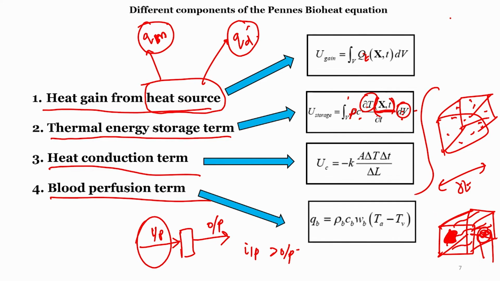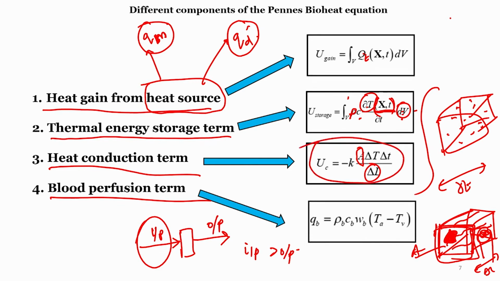So, that depends, and the time it takes, or the total energy required to elevate a particular quantity of tissue to a particular temperature, would depend on the dimensions of the tissue, right, A and delta L. This would be A, and this width of the tissue will be delta L. So, A delta T by delta L into delta t: for a given rise in temperature, for a given thermal conductivity of the tissue, how much energy will be conducted in the given time, that is what this unit is doing.